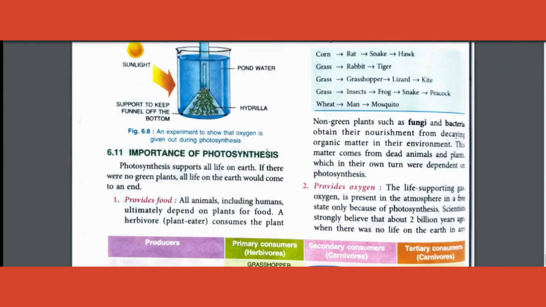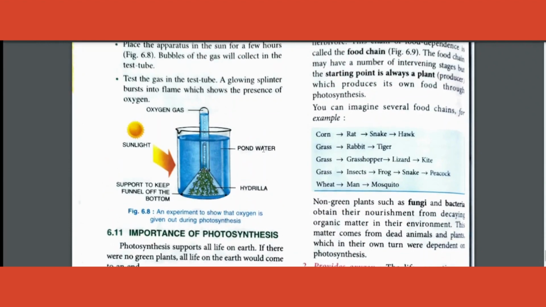We should have a setup where any aquatic plant, either elodea or hydrilla, is kept inside a funnel. The funnel is kept inside a beaker with some water. Normally, the plant is there in water, so it's going to photosynthesize, isn't it? Producing oxygen. But we should have that oxygen with us to check whether oxygen only is produced or something else is produced, right?